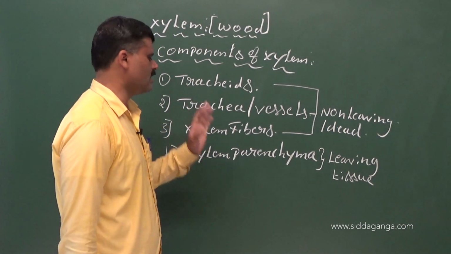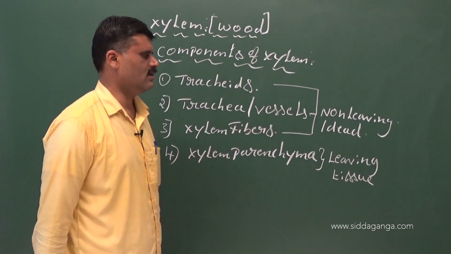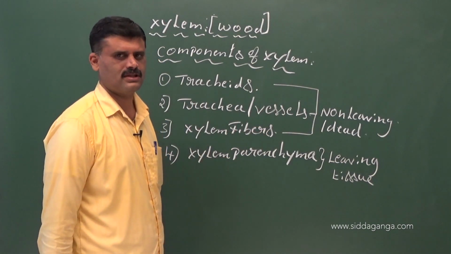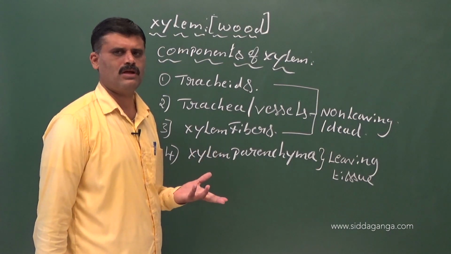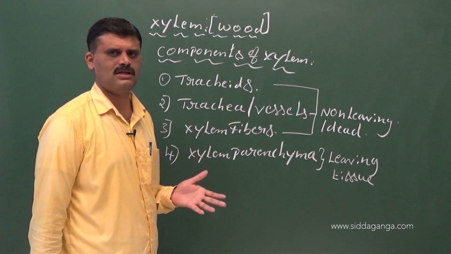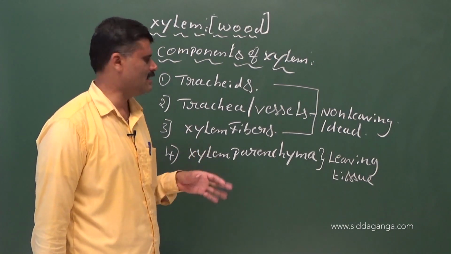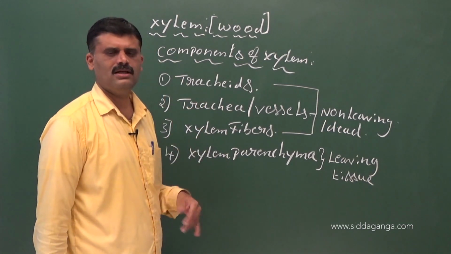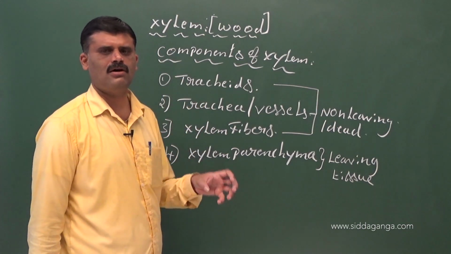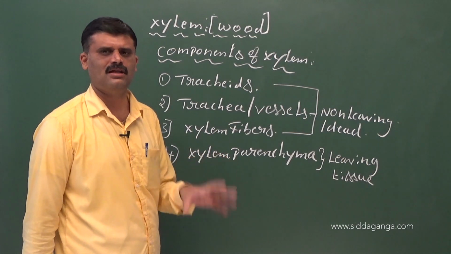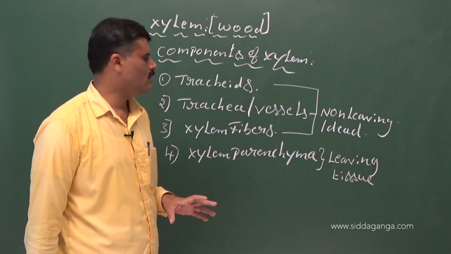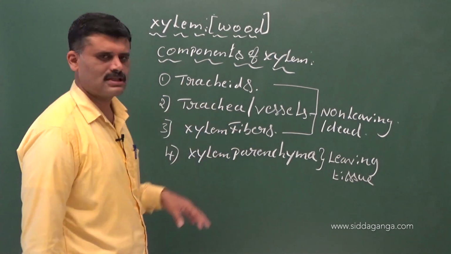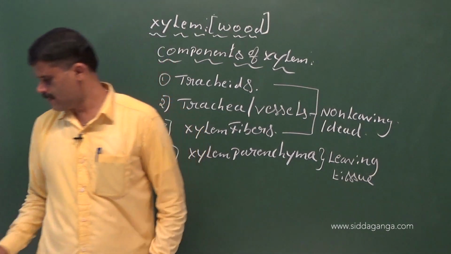So the first three are non-living or dead tissues. They are dead, where protoplasm is absent. The cytoplasm and nucleus disintegrate at maturity. The cells are dead, but they are involved in conduction of water and minerals through the plant body. So we will discuss one by one in detail.